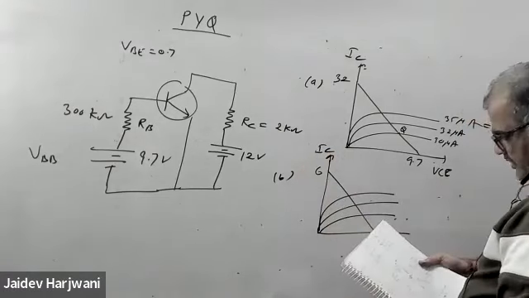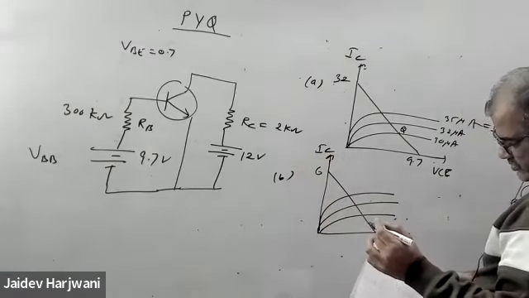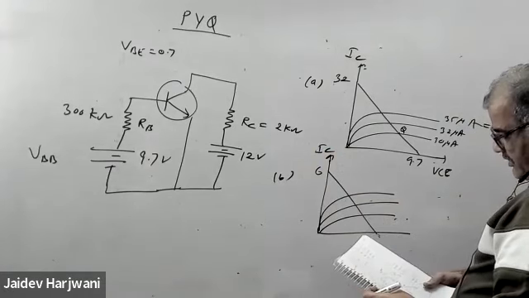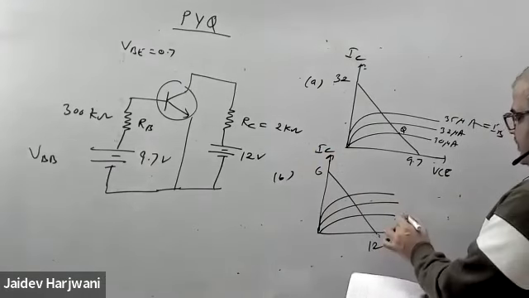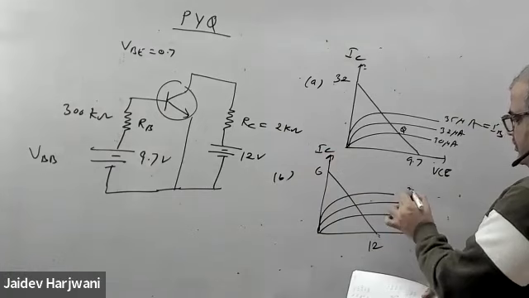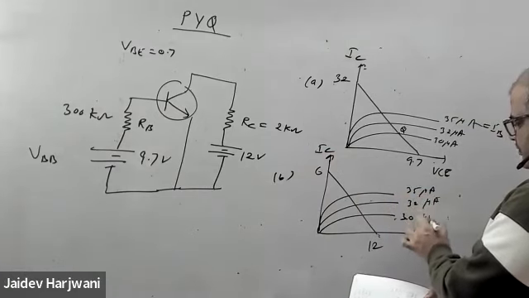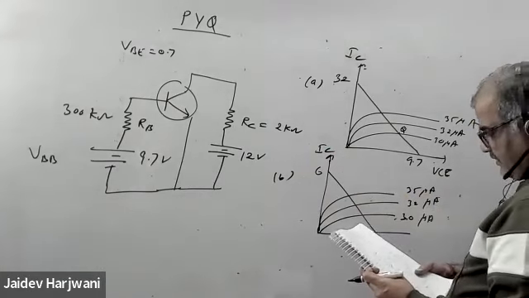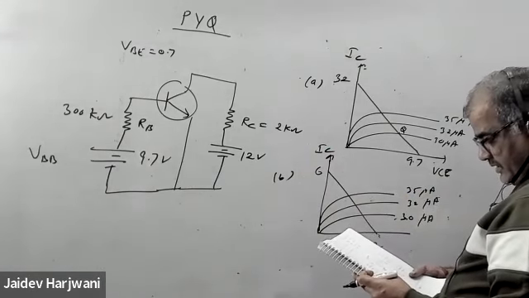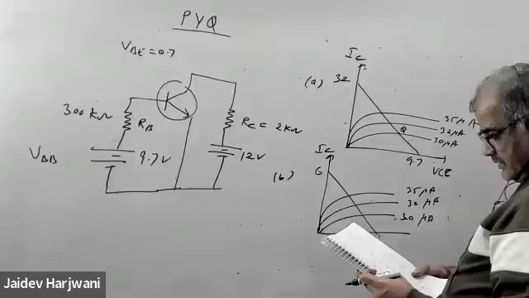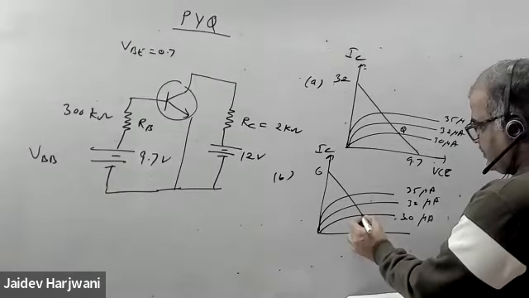Okay. And values again 30, 32, 35 microampere. Okay. And this time they are giving the operating point as again at 30 microampere.